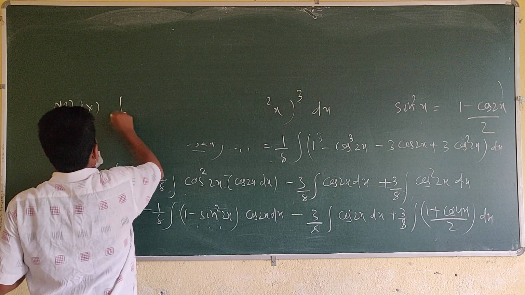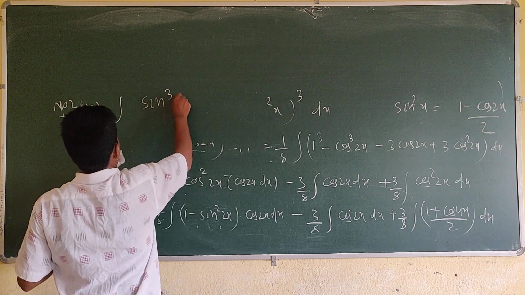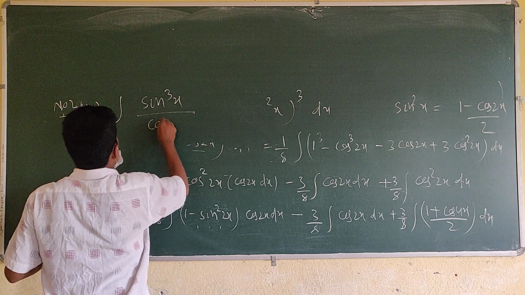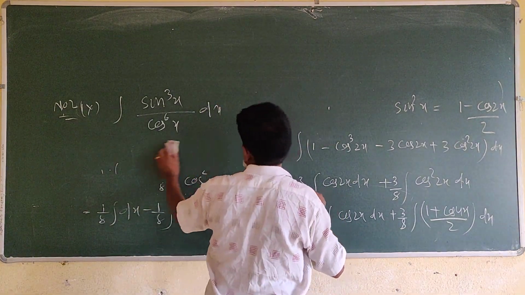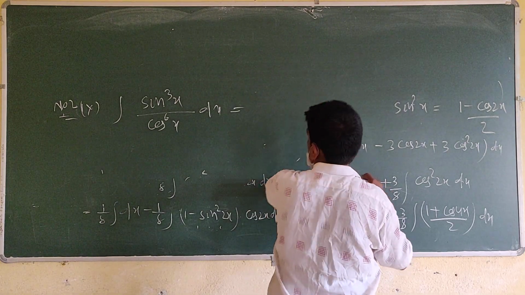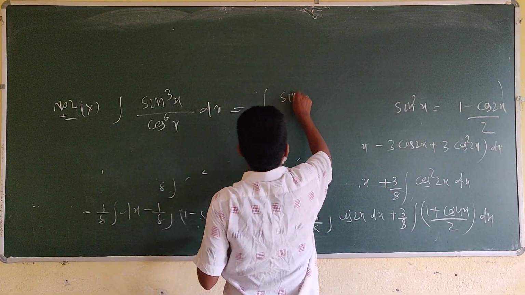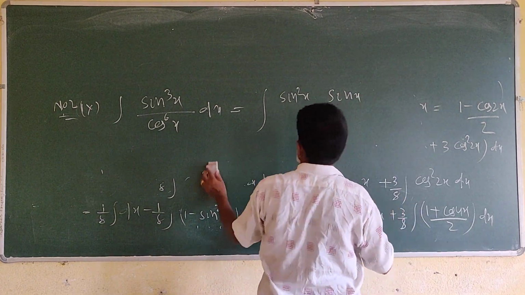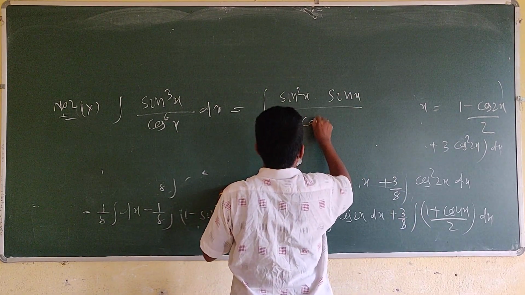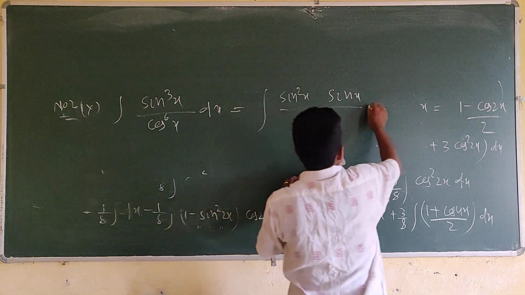Number 2 ix equation, that is the integral of sin cube x by cos 6x dx. You look how this is integrated: that is equal to sin square x into sin x divided by cos 6x dx.